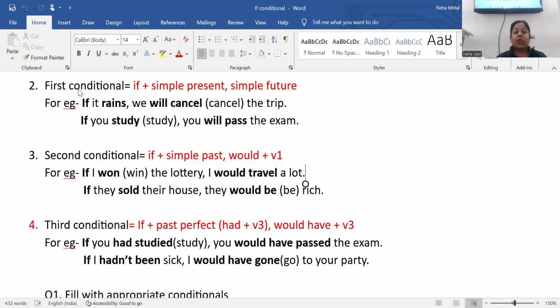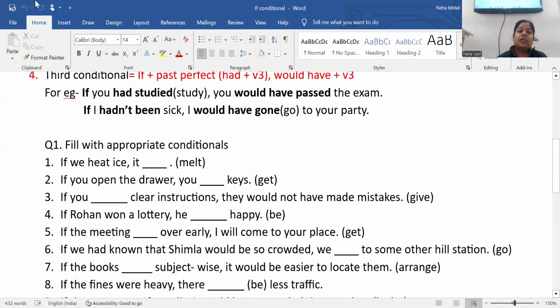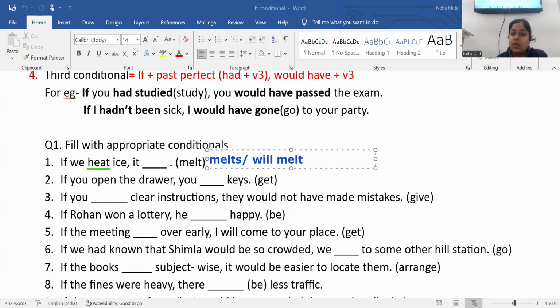For example, in the first question, it's given, if we heat ice, it dash. You need to identify that if plus it is simple present. So you can fill simple present also, you can fill simple future also. Both options are possible. Here it can be it melts or it will melt.